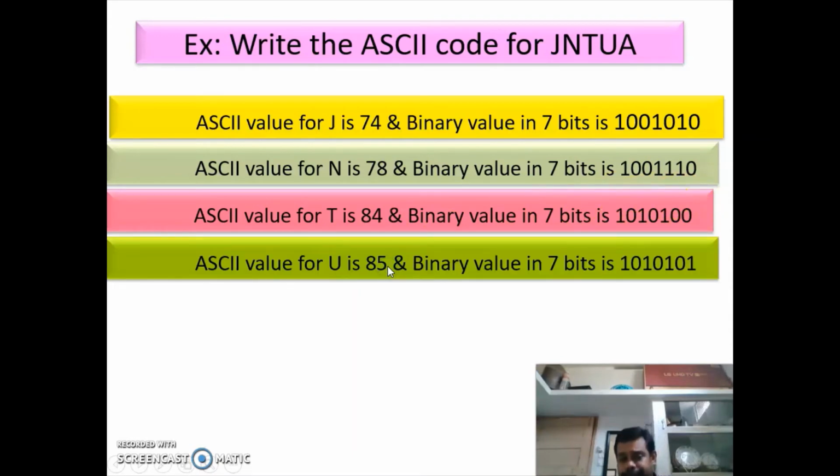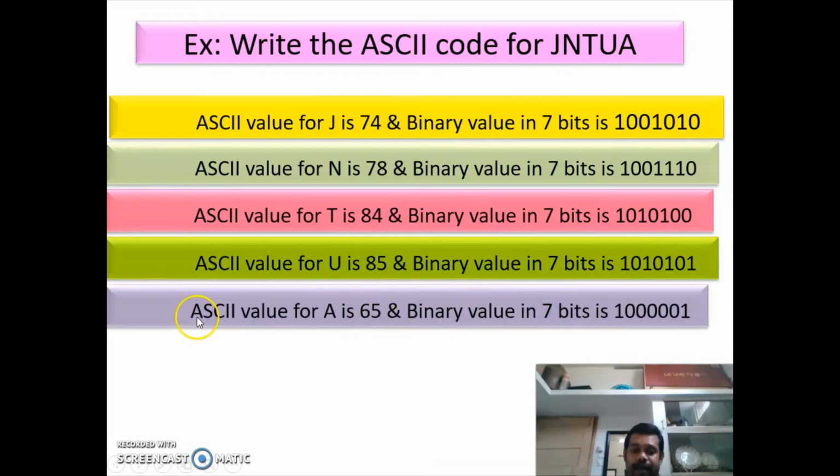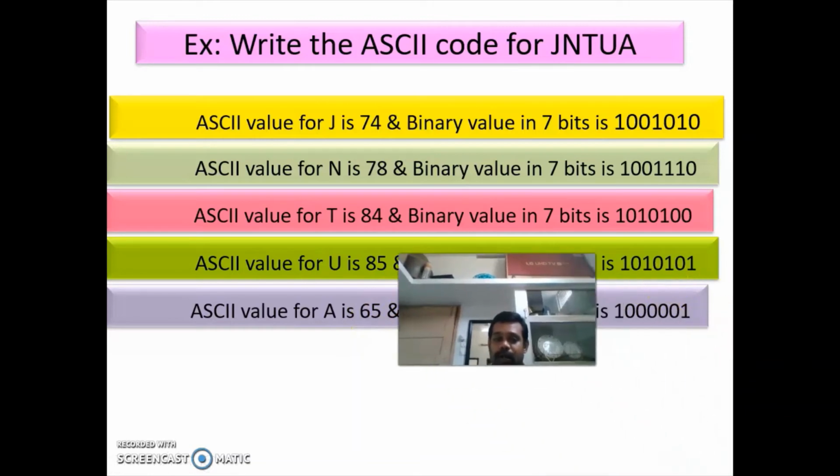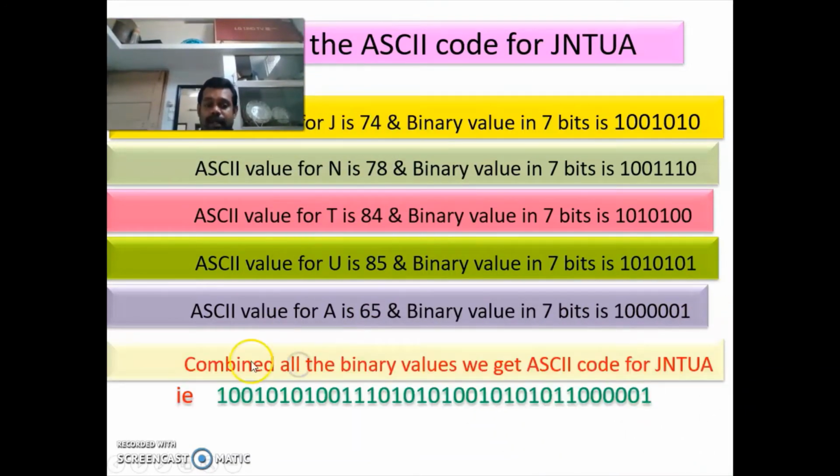U is 85, in binary using 7 bits. And A is 65, and its 7-bit binary value is this one. Now we are combining all these to write the ASCII code for JNTU Anandpur.